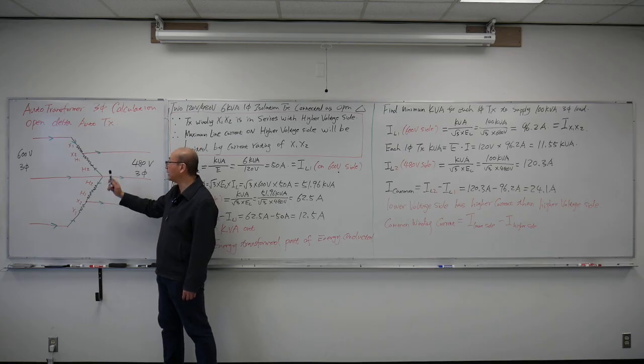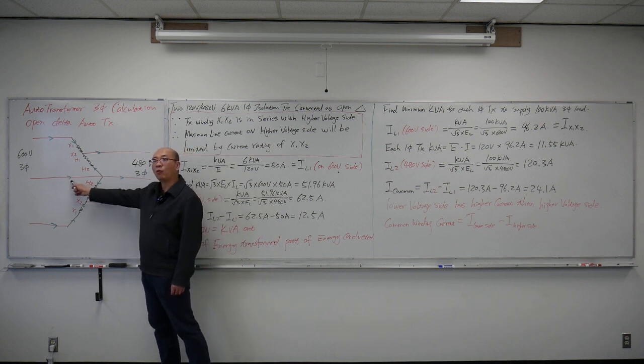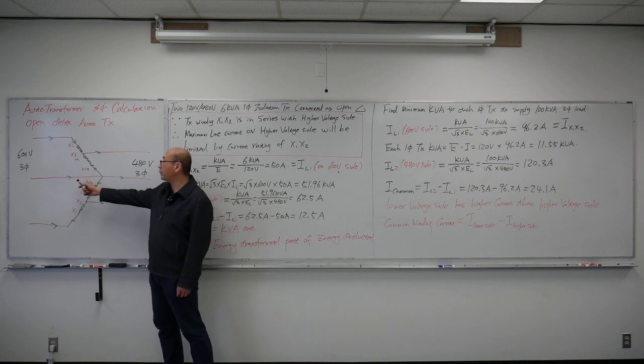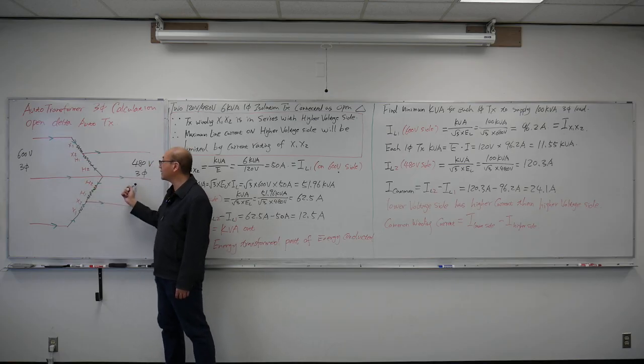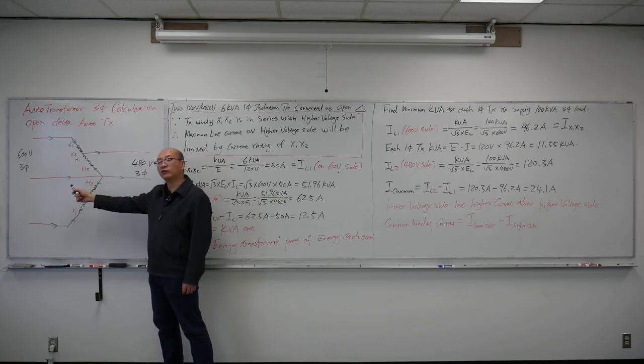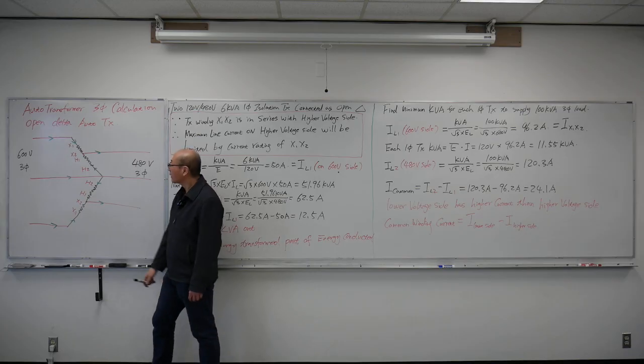The common point in the center, where the two H2 terminals connect, is going to be one of the lines between the primary side and the secondary side, or the high voltage side and the low voltage side.